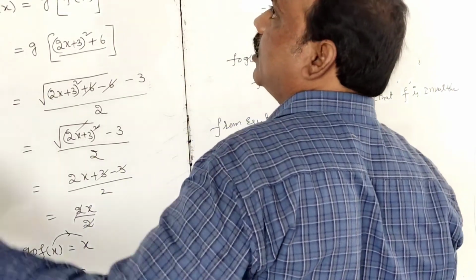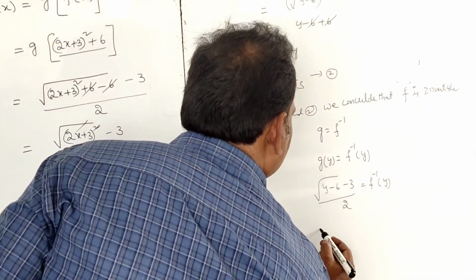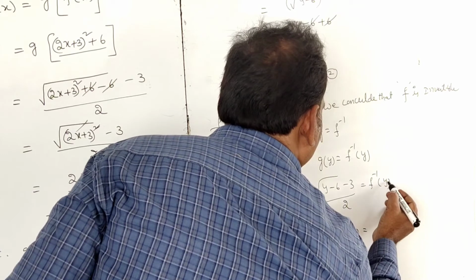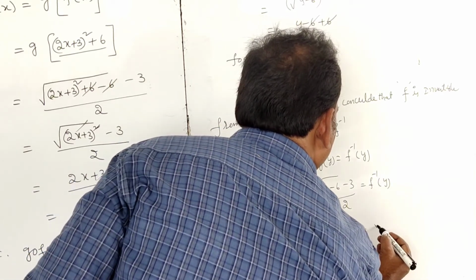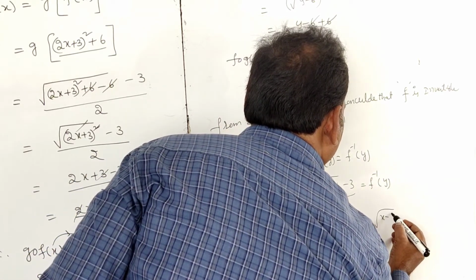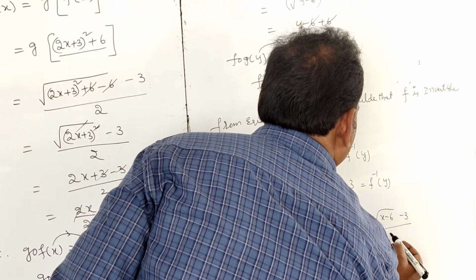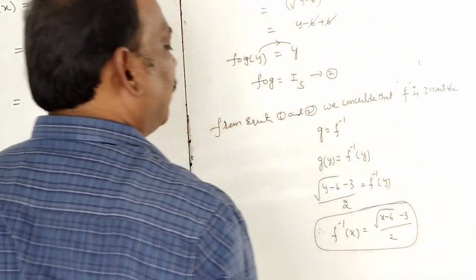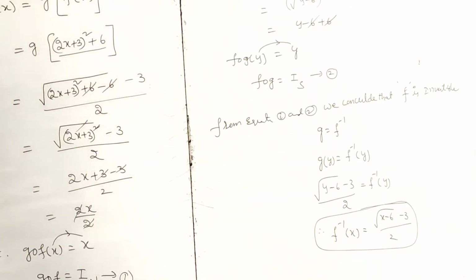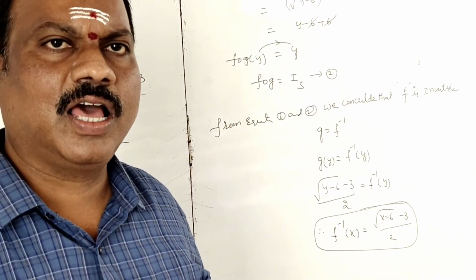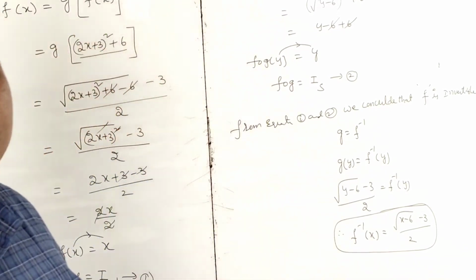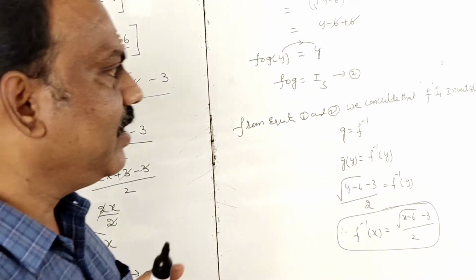But f is a function in terms of x, that's why finally we write f inverse x is equal to, where there is y, there put x. Under root x minus 6 minus 3 upon 2, this is the invertible function and f inverse value. So like this we have to solve step by step, very easy. You remember, students, this is a 5 marks question, it is very, very important.